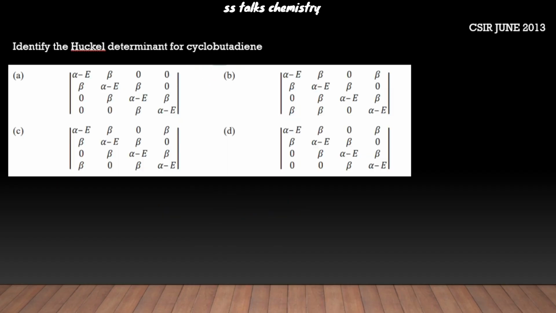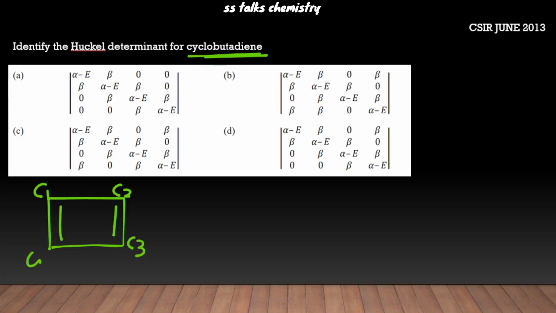Okay, next, identify the Huckel determinant for cyclobutadiene. Cyclobutadiene looks like this. We have the carbons C1, C2, C3 and C4.